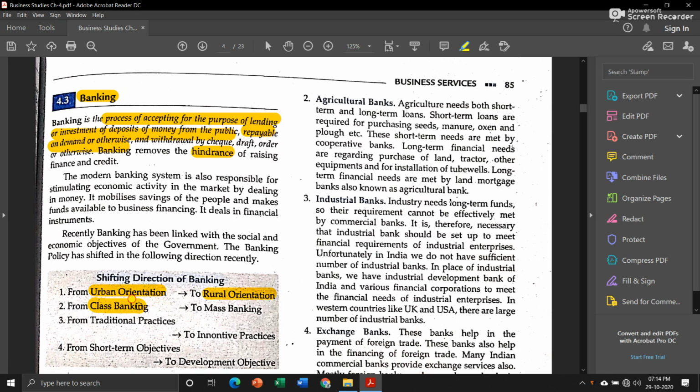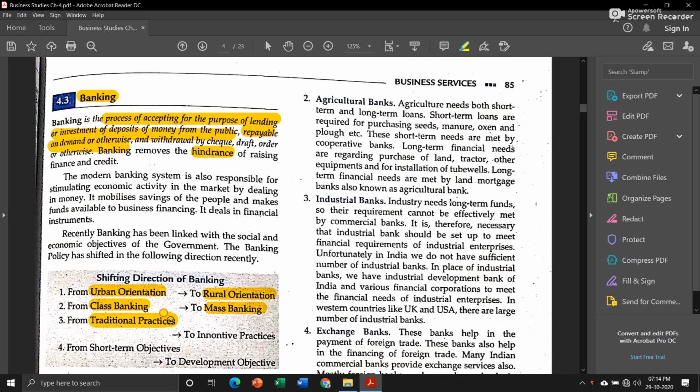Then from class banking, means earlier banks used to entertain all the high class people, but modern banking is focusing on mass banking, means they will not see whether the public belong to high class or lower class, but they try to include all the people of a place.